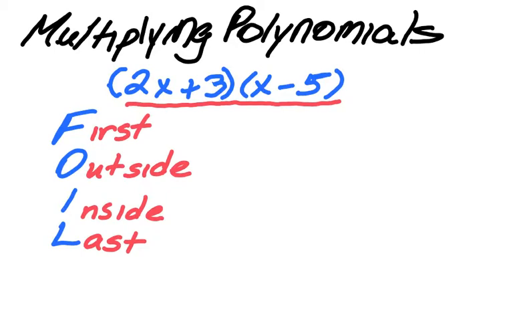So as you're copying this down, make sure in the FOIL that you are writing down capital letters. So these are all capital letters. And that will remind you what FOIL stands for. First, outside, inside, and last. Go ahead and copy.